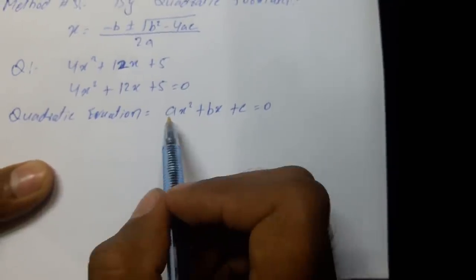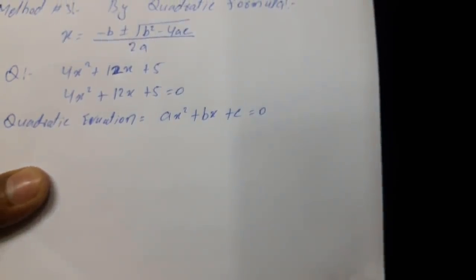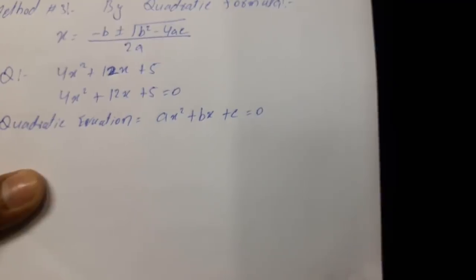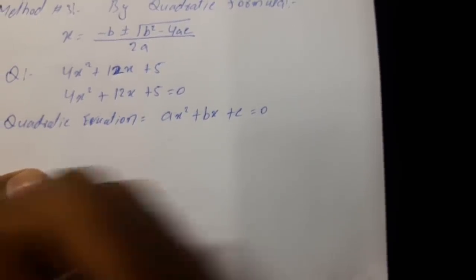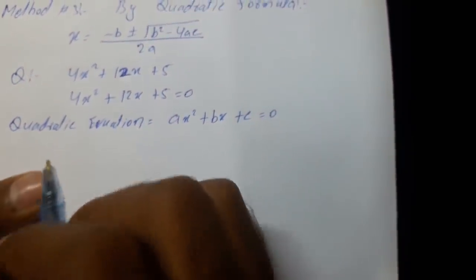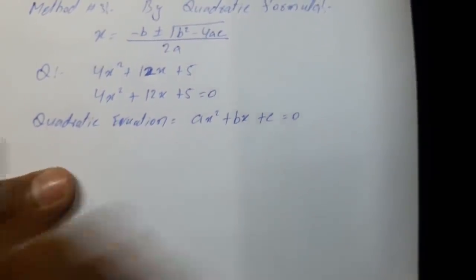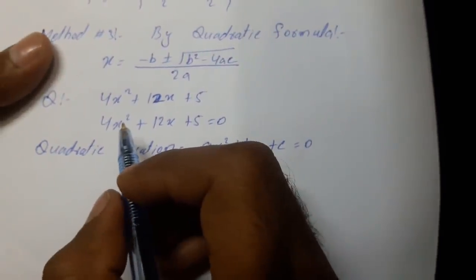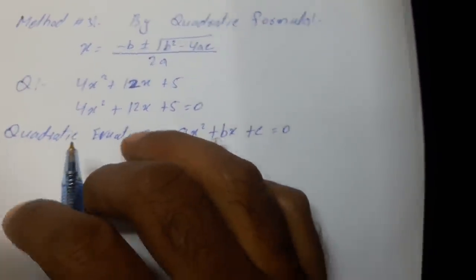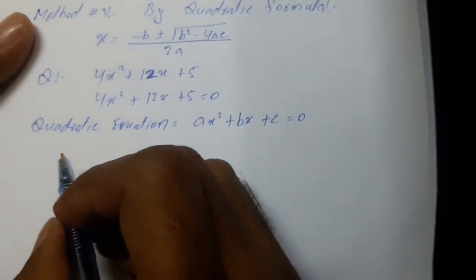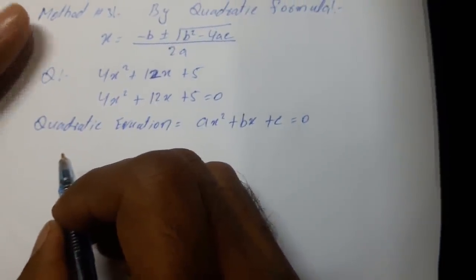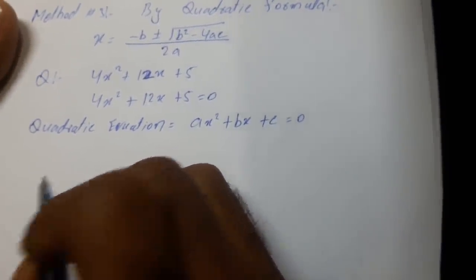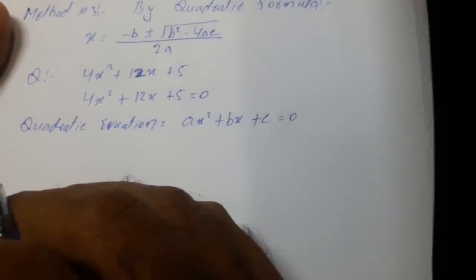By remembering the quadratic equation and the quadratic formula, you will easily solve this equation. Without remembering the quadratic equation and the quadratic formula, you will not be able to solve the quadratic equation by the quadratic formula. So this is the easiest method in factorization.